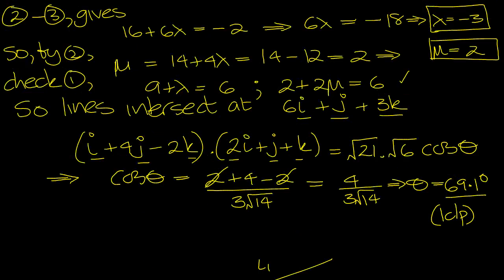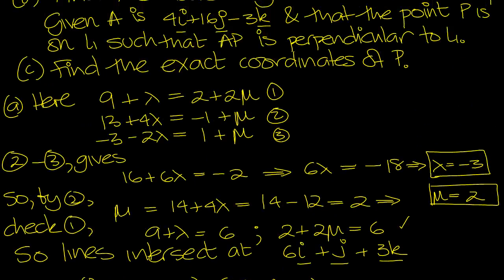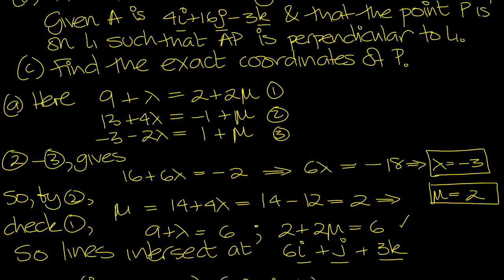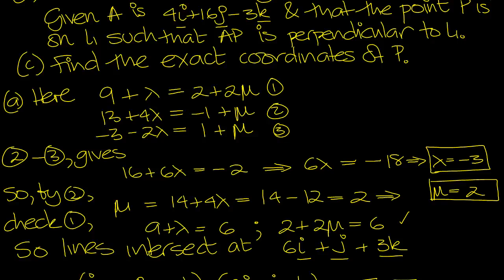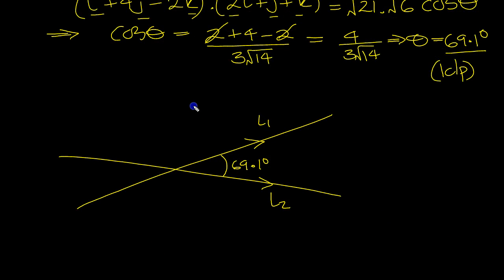Now let's have a look at what we've got. It says given A is 4, 16, minus 3, so A is here, and that's equal to OA is 4i plus 16j minus 3k, to here.